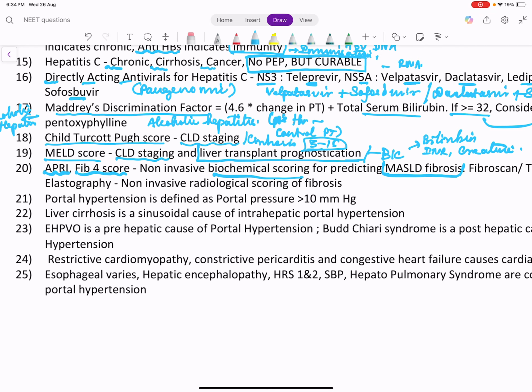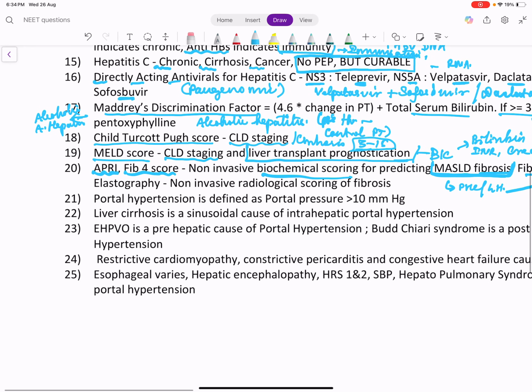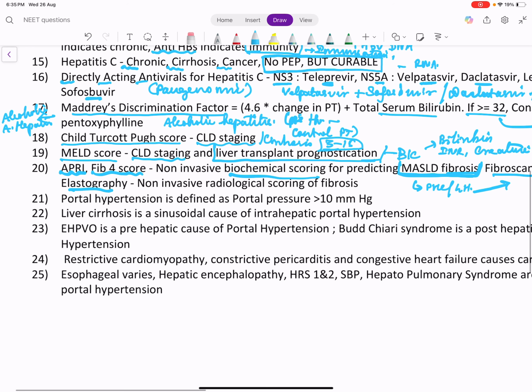These are usually used in patients with MASLD in PHC or GH settings to identify whether they have fibrosis or cirrhosis. If there is a fibrosis or cirrhosis, we should refer them for the next non-invasive test, which is fibroscan or tissue elastography. It's a non-invasive radiological scoring for fibrosis. We usually don't do biopsy nowadays to prove fibrosis. This tissue elastography or MR elastography is done.